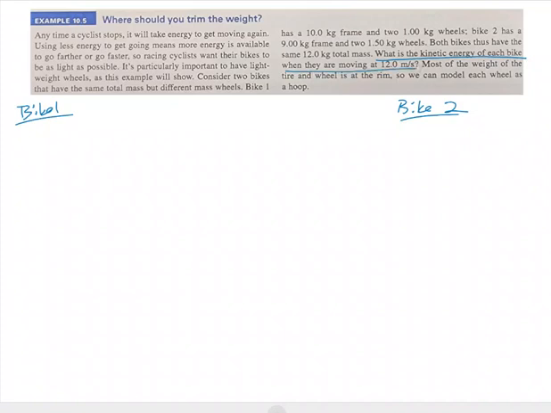So, bike 1, we have kinetic energy of the wheel, which is translating and rotating. We also have kinetic energy of the bike, which would be the total situation. Okay, so kinetic energy of the wheel.